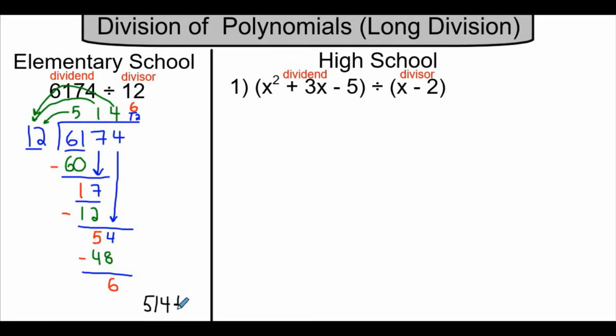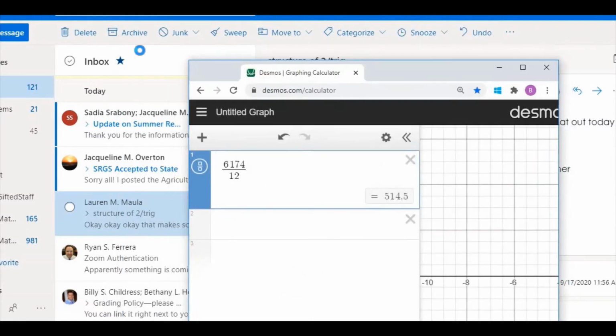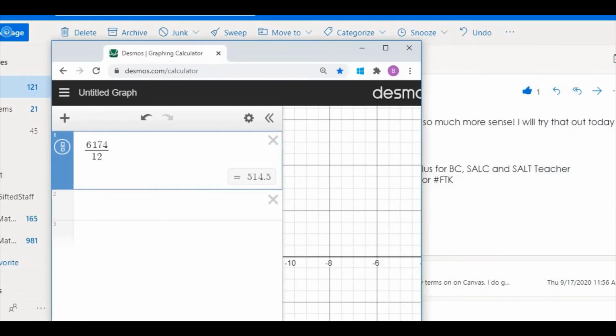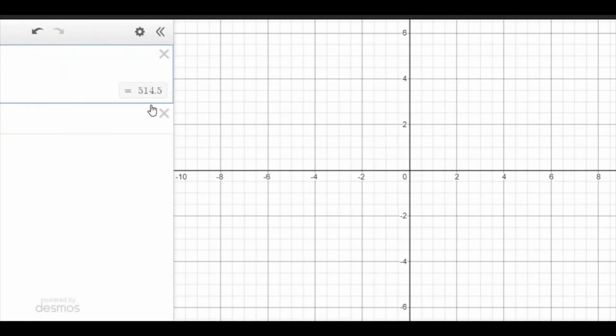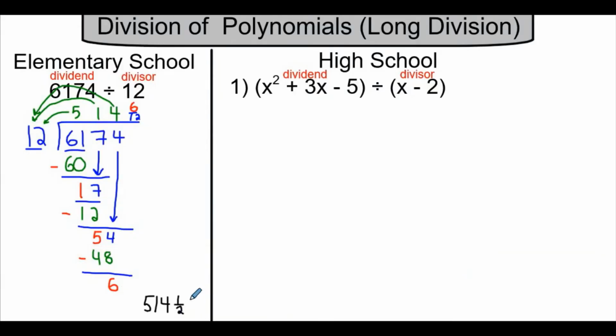There's really no need to do that decimal thing where you put a dot and drag it down. In fact, if you type it in the calculator, I typed it in Desmos, you can see right here that it comes out to 514 and 0.5, which is exactly right. That's exactly what this is.